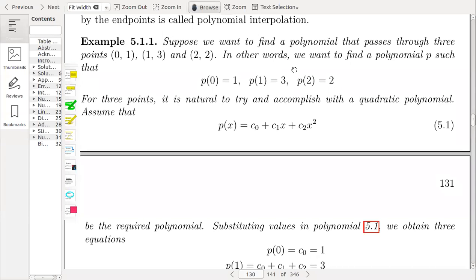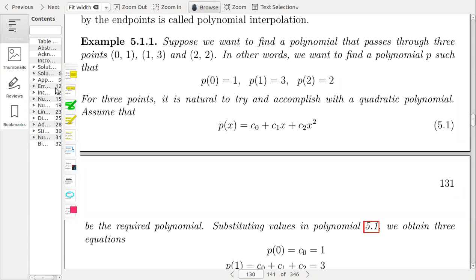In other words, we want to find a polynomial p such that p of 0 is equal to 1, p of 1 is equal to 3, and p of 2 is equal to 2. So what are the points of the domain? The points of the domain are 0, 1, and 2.